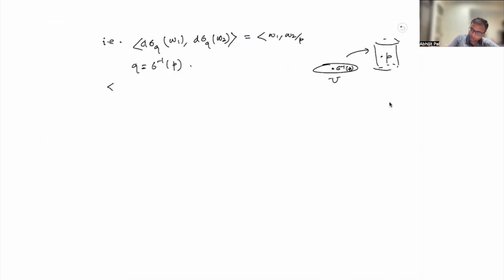So we'll show that d sigma_p preserves the first fundamental form.